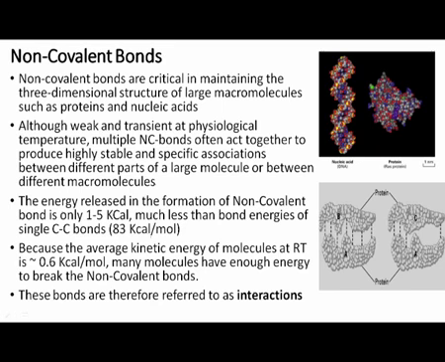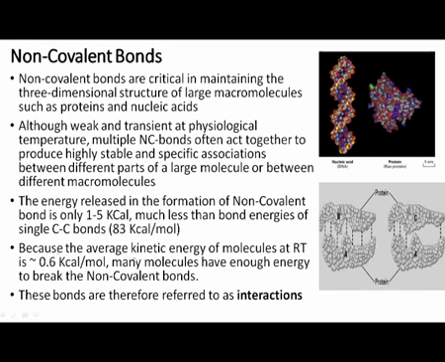So, you can imagine it is a much lesser, minuscule amount of energy in each non-covalent bond as compared to the covalent bond, but because these non-covalent bonds are formed in so much number, they are overwhelming.